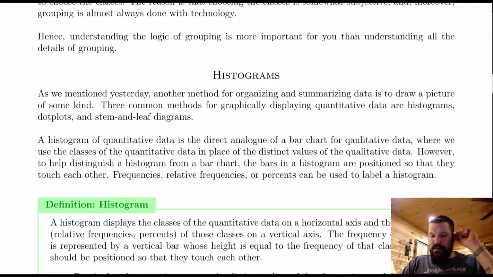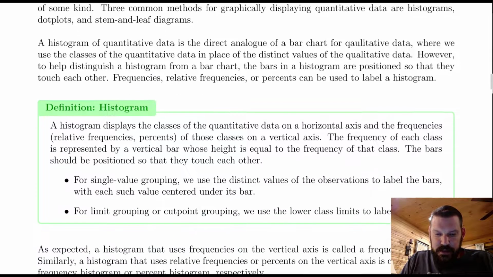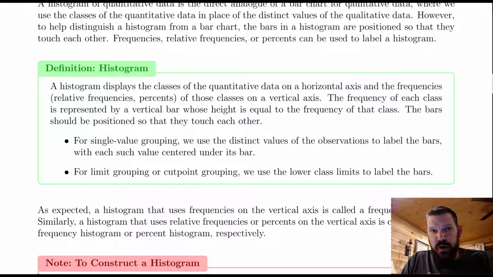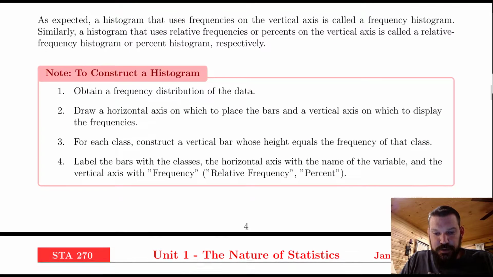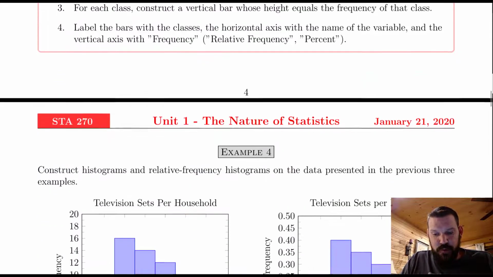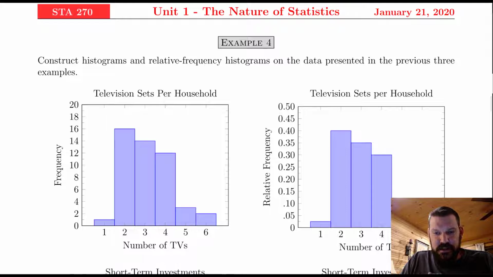Histograms, this is where we talk about the difference between bar graphs and histograms. A histogram is a way to represent quantitative data. It's very similar to bar graphs, except what we have is scenarios where the bars are touching one another.